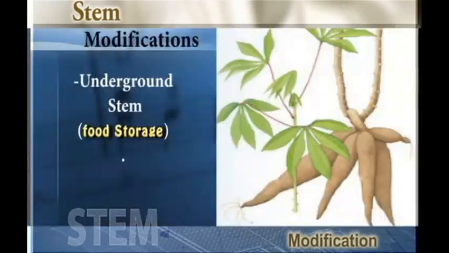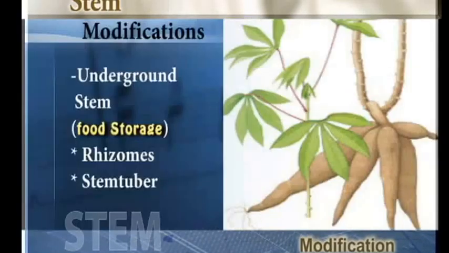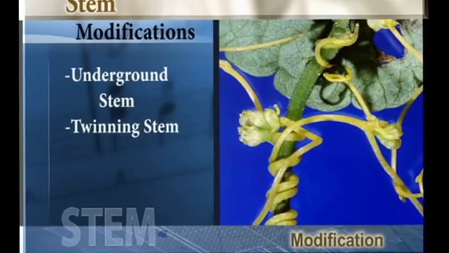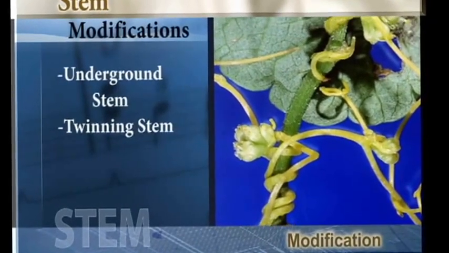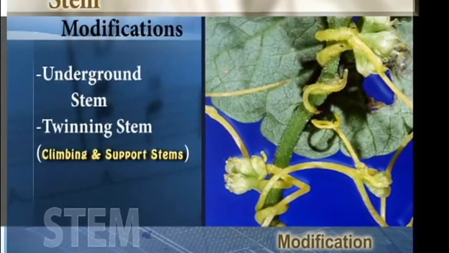We are saying that the stem can be modified to perform extra activities. For example, we are seeing the underground stems, which have been modified to carry out the storage purpose in rhizome, in stem tuber and culms. And then we have also seen the twining stems, which are used for support and for climbing of other plants.